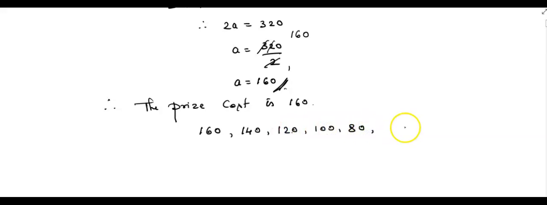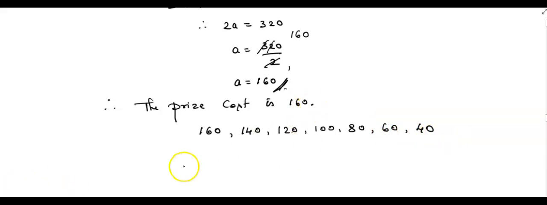cost is 160, correct? What about the second prize? The first prize is 160, then the second prize will be 140, then 120, 100, 80, 60 and 40.